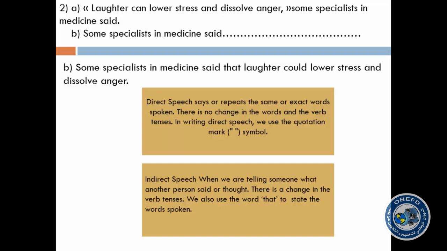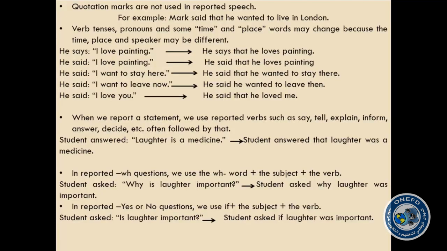We also use the word that to state the words spoken. As you can see here, that comes directly after the introductory verb. We said there must be some changes, and these changes occur because the introductory verb is in the past tense. So let's look at these changes.